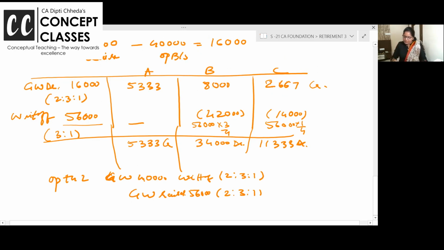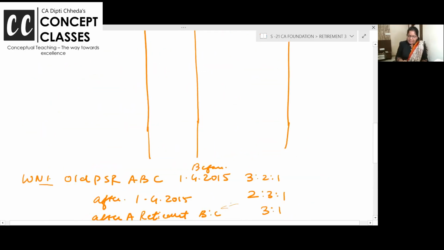You all must have been worrying that debit and credit are not tallying, but that goodwill of 40,000 will also go out of your books. Debit is 34,000 plus 11,333, 45,333, and 5333 is this. So the 40,000 goodwill will also go out, and it will come correctly.